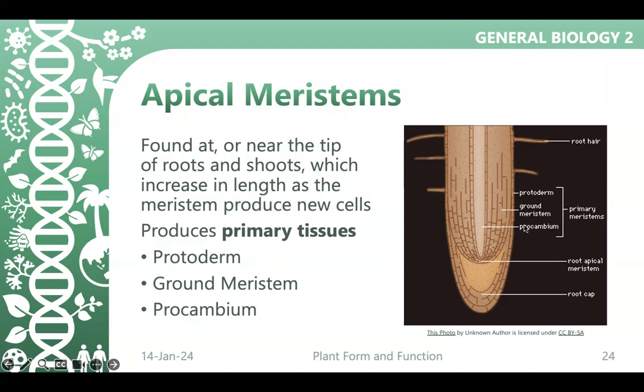Your procambium, again, will give rise to your xylem and phloem. The ground meristem will give rise to the cortex. No, this is just a layer of inner tissues lang. And then the protoderm will give rise to the epidermis. So again, these three are the primary meristems that would come from the root apical meristem. If it's in the shoot, then it would come from the shoot apical meristem.